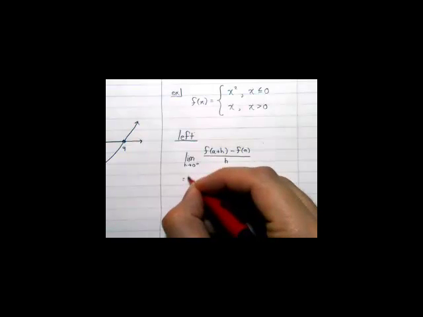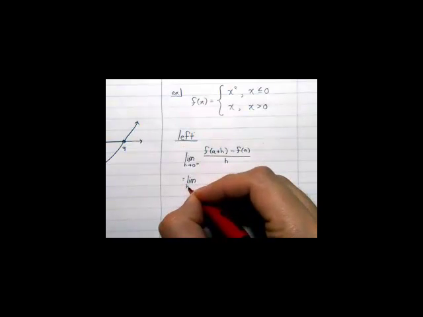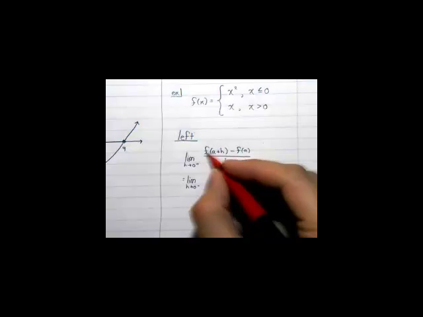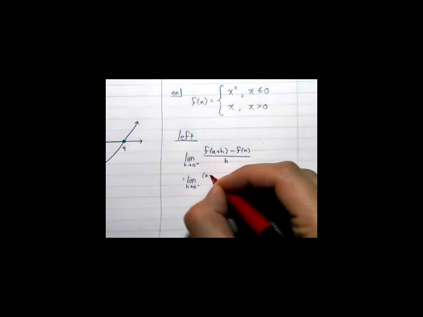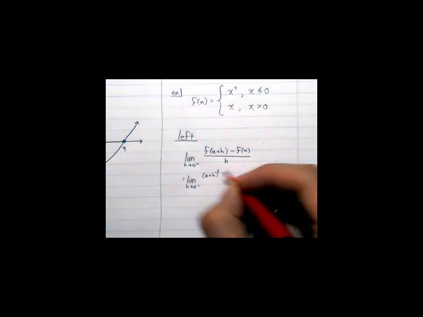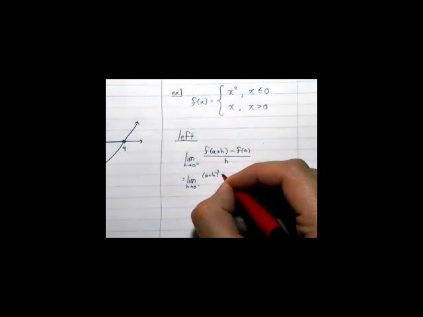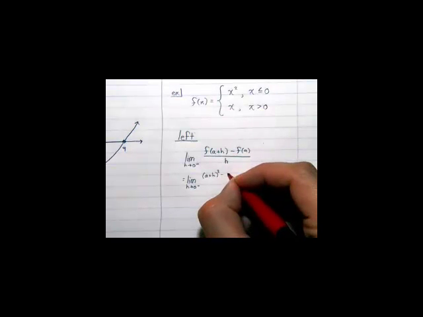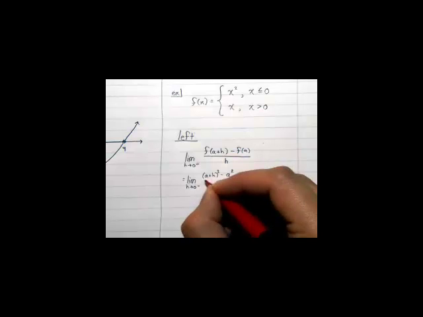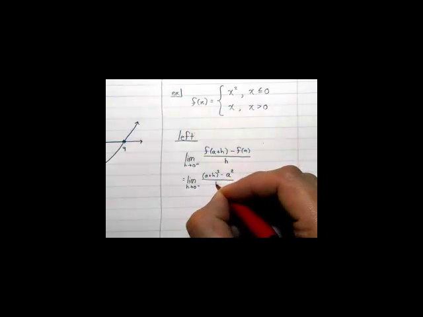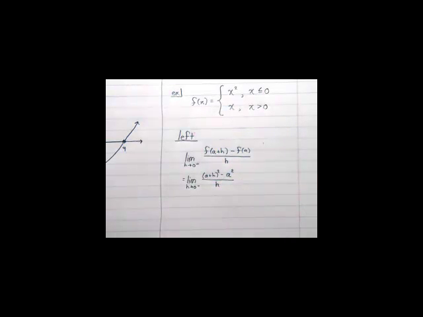So that's going to be the limit as h approaches 0 from the left of f of a plus h squared minus f of a, which would be a squared, divided by h. But what is a in this instance? 0.